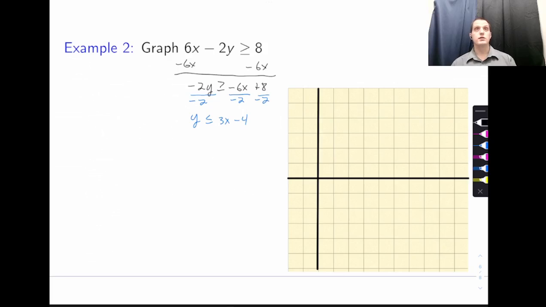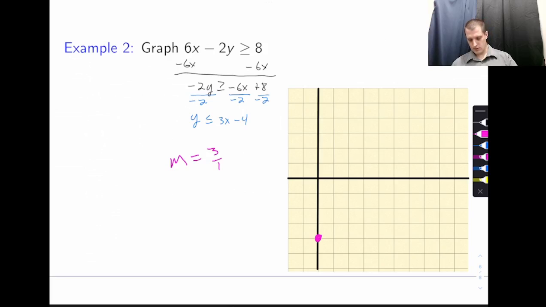All right, so first off, we'll start with our y-intercept, which is the -4. So I'm going to go down 1, 2, 3, 4, and make a dot. Our slope, in case we didn't see it last time, our m is equal to 3, which is 3 over 1. We can always change it to a fraction. So we're going to go up by 3 and over by 1.